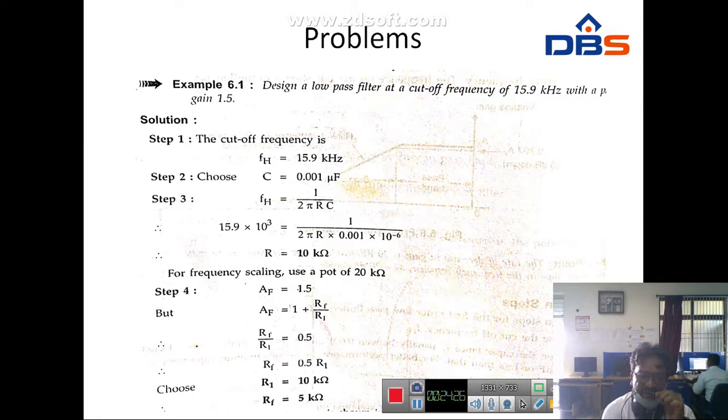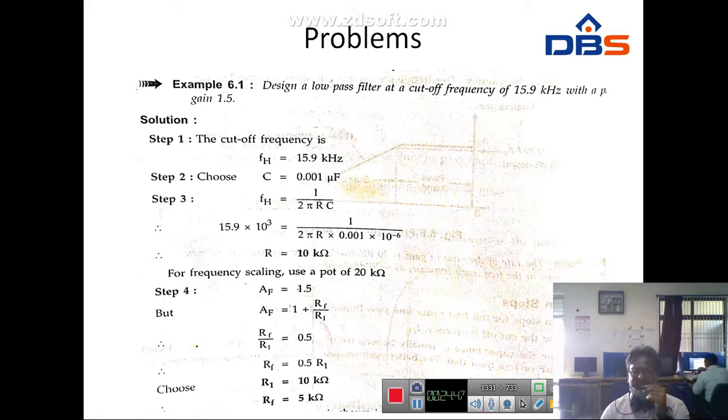From that we calculate the RF value, which is equal to 0.5 into R1. We know the R1 value is 10 kilo ohms, so RF is equal to 5 kilo ohms. So this is an example problem.